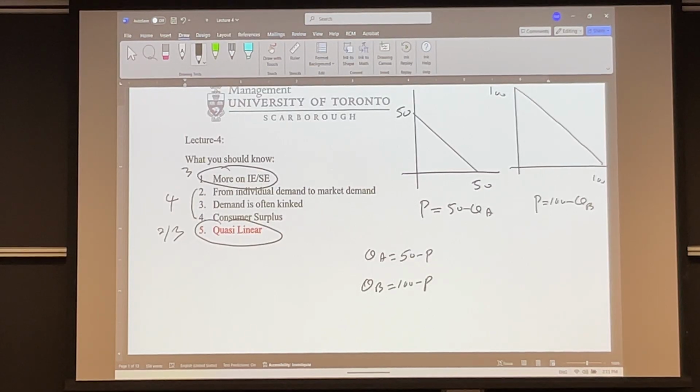Calculate the quantity each buys, and a market demand should be what all together buys, so sum up. Technically, horizontally sum up the curves. Add the quantities, not the prices. So we just take the individual demands and sum them up horizontally, meaning add the quantities, to get the market demand.